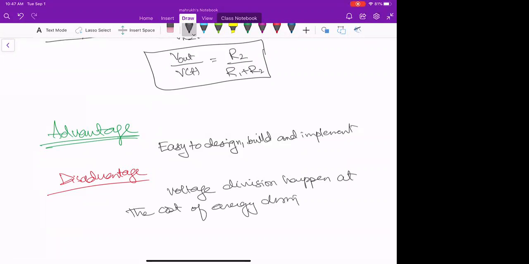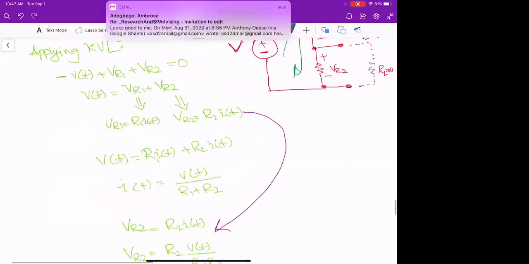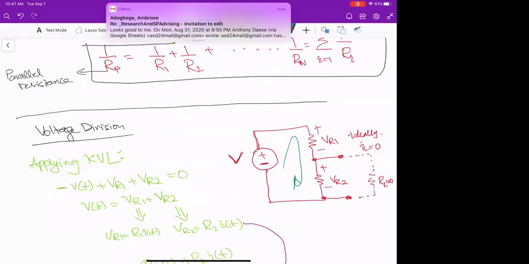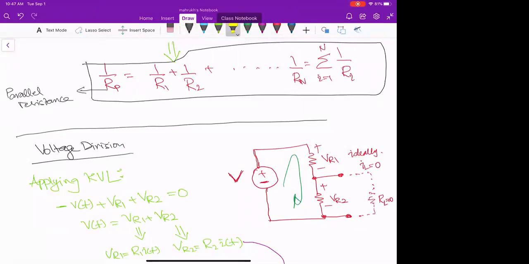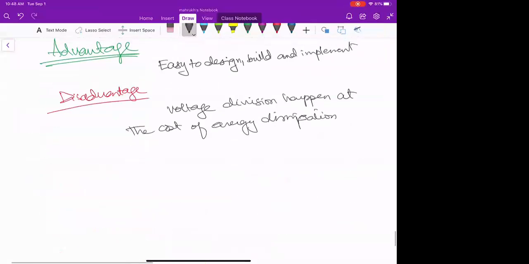How? I mean, you are getting some output here, right? But for that, you have some voltage drop here because you have to bring down the voltage. So here, you are actually dissipating the energy, which is causing the voltage drop. So heat is dissipated across R1, right?